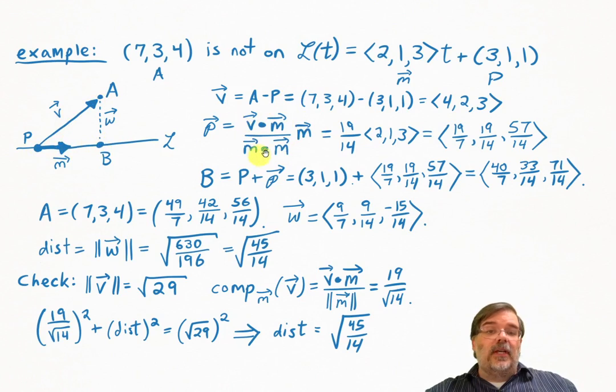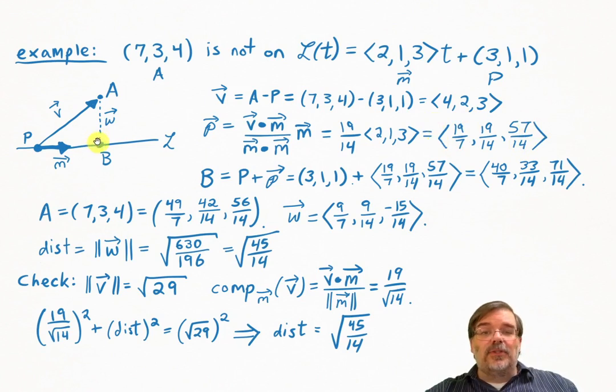And this is the projection formula, which we covered in a previous video. V dot m divided by m dot m, that'll give you a fraction that you're going to multiply times the vector m. In this case, you get 19 over 14 times the vector 2, 1, 3. And you can simplify some of the fractions if you want. That might make your life easier. So here we get the projection vector.